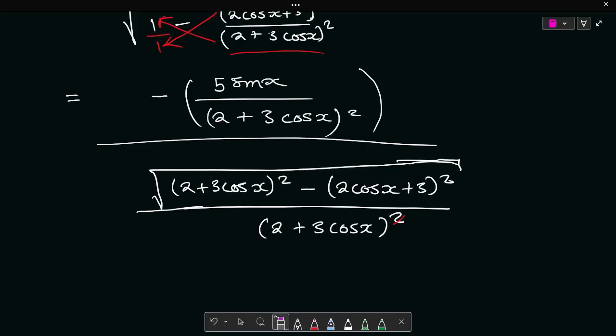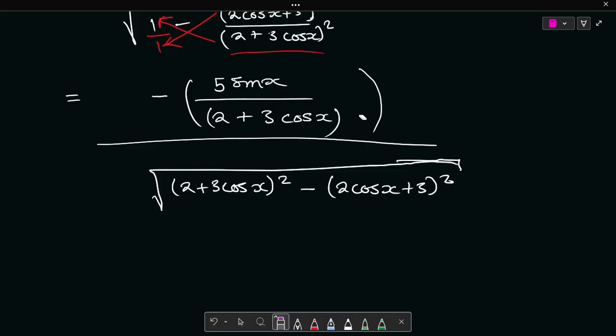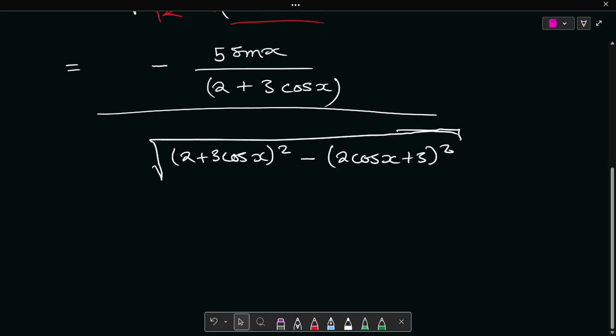So this will basically disappear. And this part is going to cancel with the squared on top there. So basically what you're going to remain with is this.